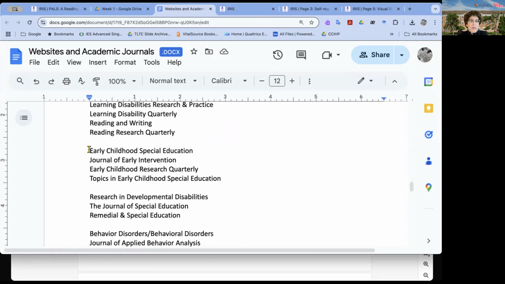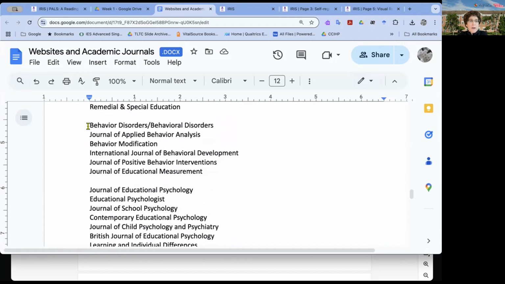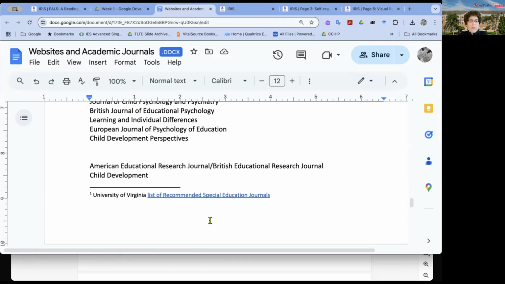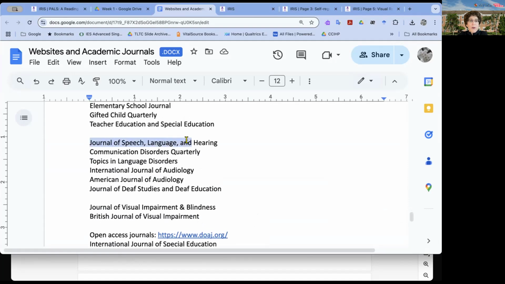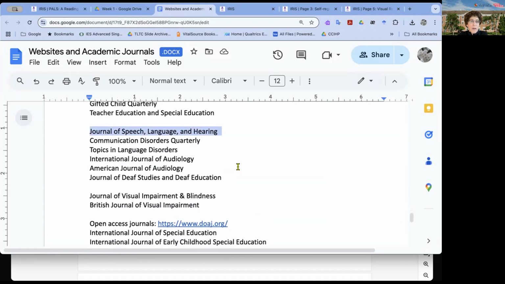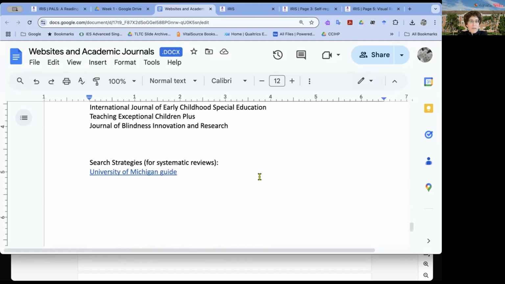On each one of these headings, there are different tiers of journals, and the top ones are usually the best ones in each category. Depending on what you're interested in, the journals are going to be completely different.